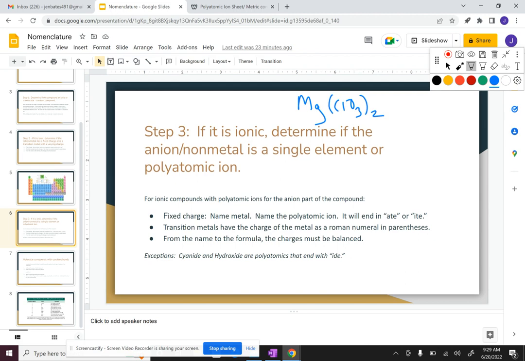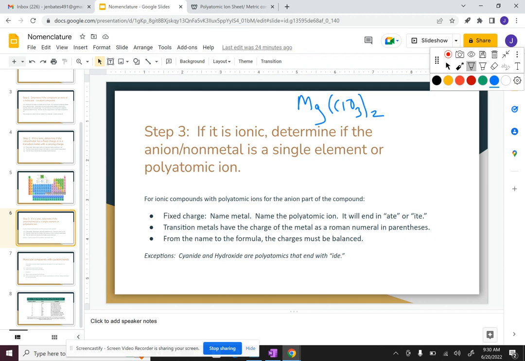But I want to point out here that because there are 2 of the ClO3s, it needs to be in parentheses, because if there was not a parentheses here, then it would look like there were 32 oxygens in this formula, and there are not. There are 6 total, because there are 2 of these polyatomic ions with 3 oxygens in each one of them.